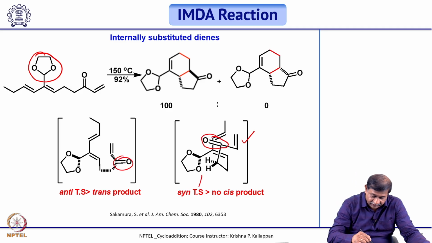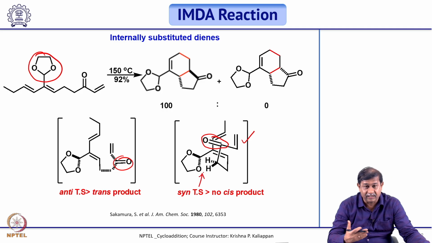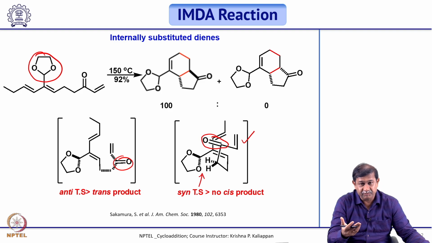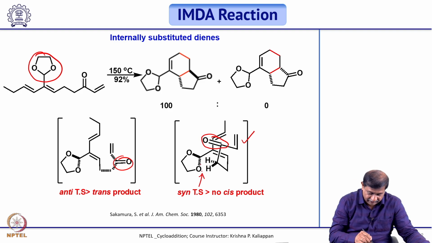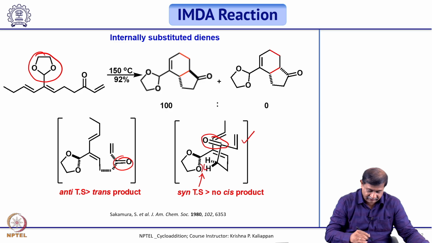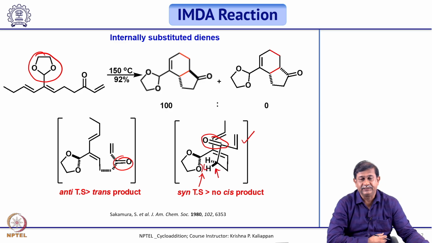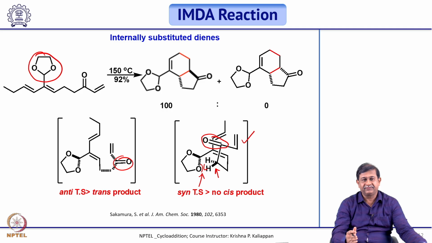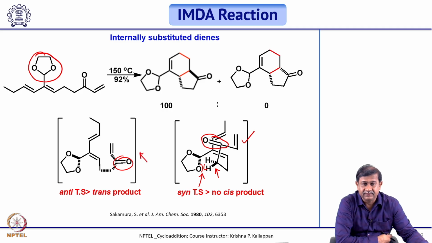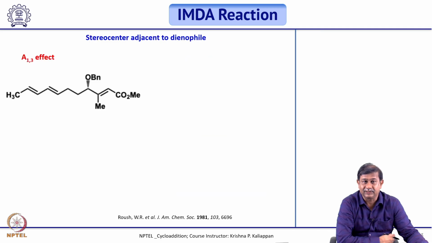But in this particular case, though the carbonyl group below the diene is normally favored at low temperature because of the secondary orbital overlap, now there is a strong steric repulsion between the oxygen and this hydrogen CH2. Okay. Because of that, it proceeds via this exo or anti transition state. It leads to the trans-indane system.